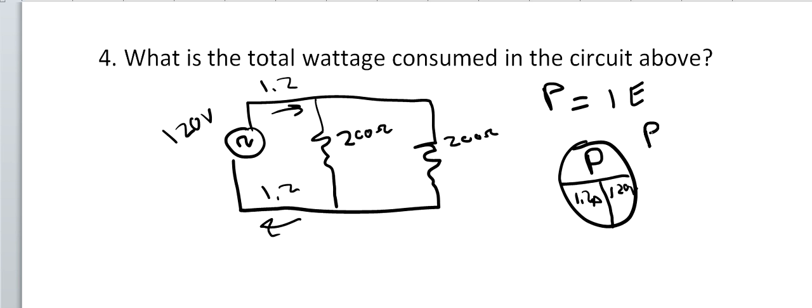So P is equal to 1.2 amps times 120 volts, and that product is equal to 144 watts.